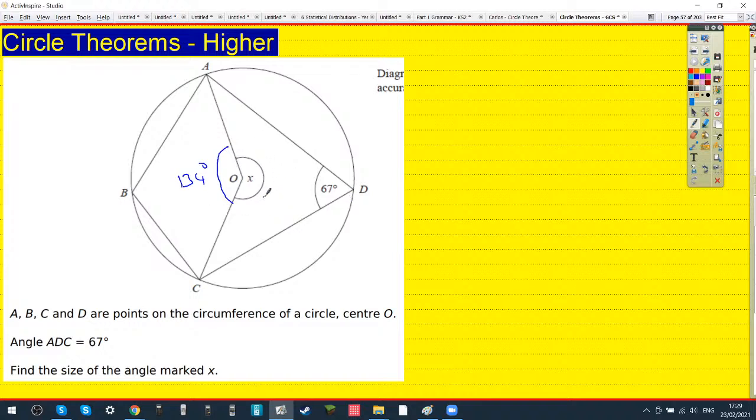Circle. Oh, circle. So that one for X. What do angles in a circle add up to? 360. Yeah.